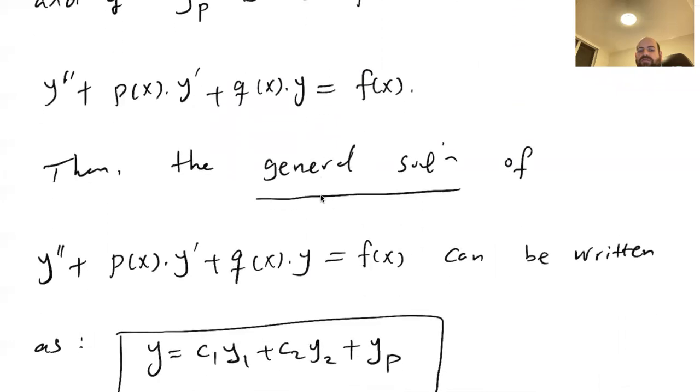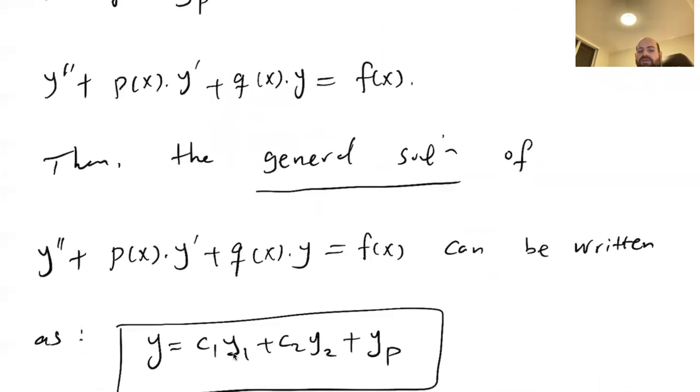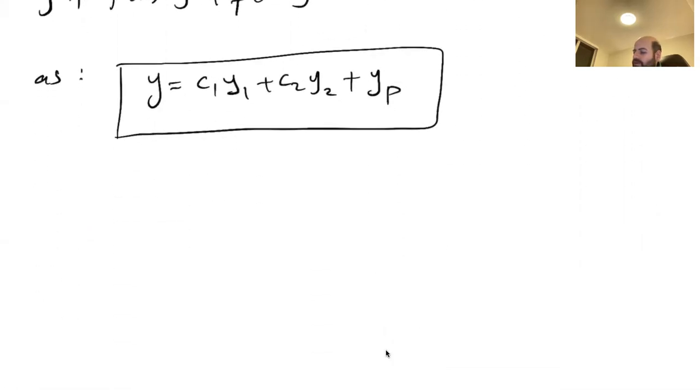Then you can write the general solution as c1 y1 plus c2 y2 plus yp. And this c1 y1 plus c2 y2 is also called yc, the complementary part, the general solution of the homogeneous equation. yp is called the particular solution. It's just one of the solutions for the non-homogeneous equation. So let's see why. Let's look at the proof of this theorem.